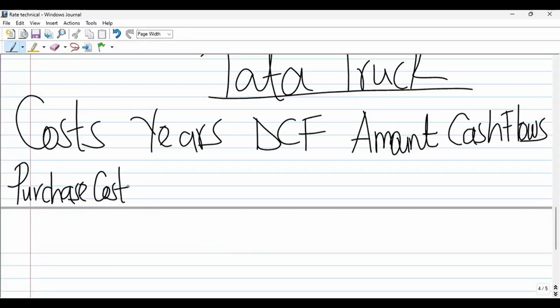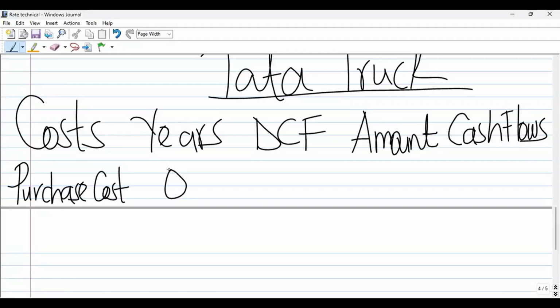You remember our useful life is 4 years. Do you incur the purchase cost annually? Only in the first year, the initial year when you're going to start up. Purchase cost is always in year 0. You've not yet started using the asset. You've purchased it, so we believe that you've purchased it in year 0. So purchase cost is always in year 0.